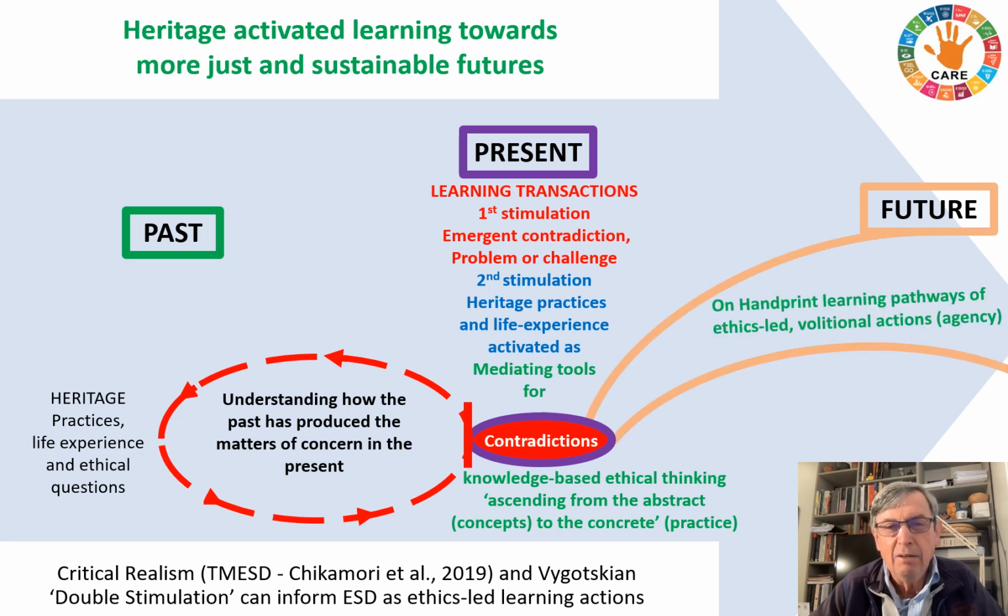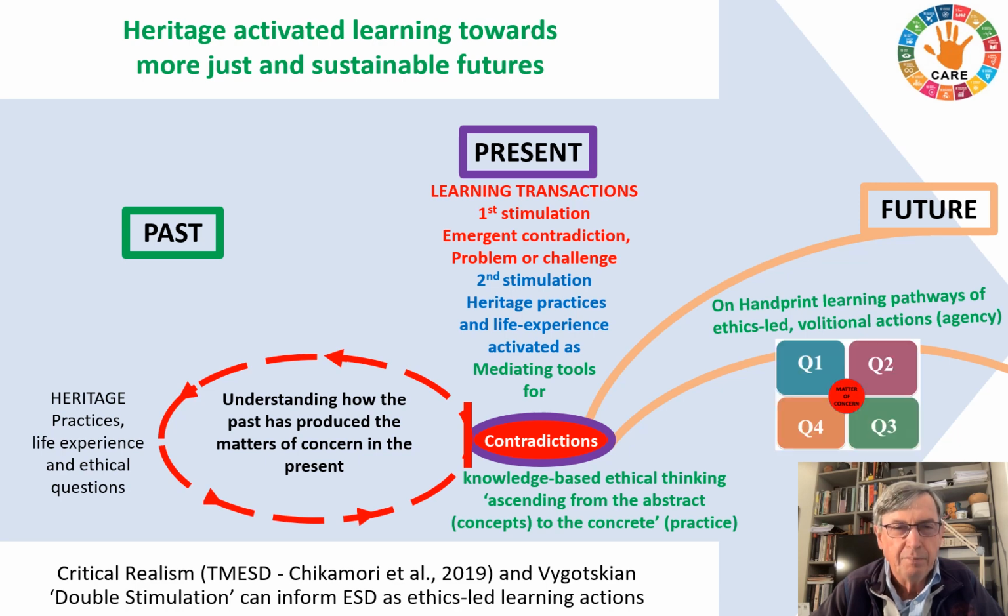And this can allow us to begin on a handprint learning journey on pathways to ethics-led volitional actions with the agency to do something about the challenges that face humanity today.